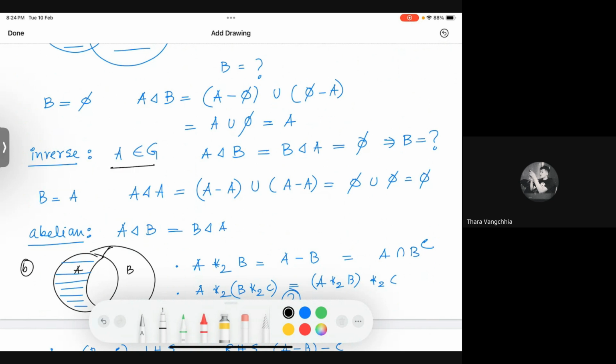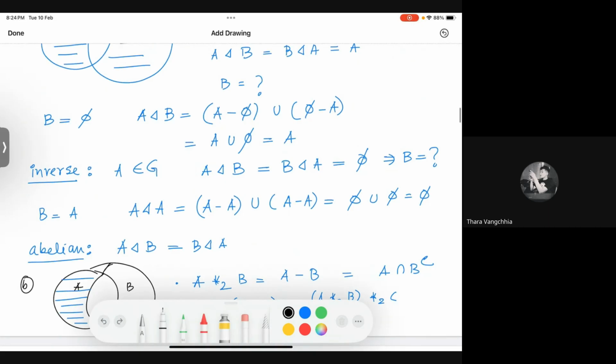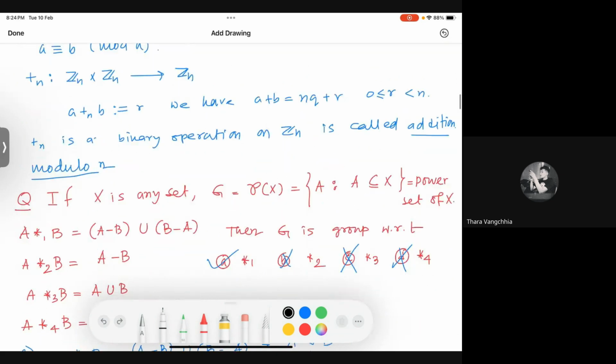What is the inverse? So the inverse is the whole set X. Sorry, the inverse is A itself, because A symmetric difference A is the identity element of the group G. And this is abelian because A symmetric difference B is equal to B symmetric difference A. So with respect to this symmetric difference operation, G, the power set of X, will form a group.